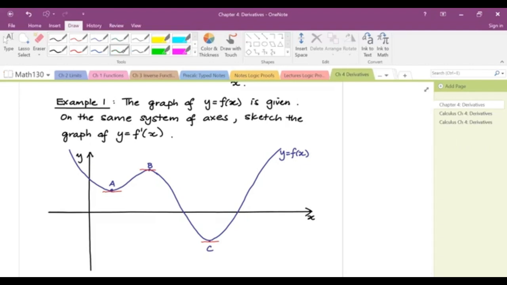So here we can put on the axis. We know that if we're drawing the derivative function, it must cross the x-axis at these values where the derivative is 0. So I'll put some dots there to show that. Now we can put some tangent lines in as well. You can see that here f of x is decreasing.